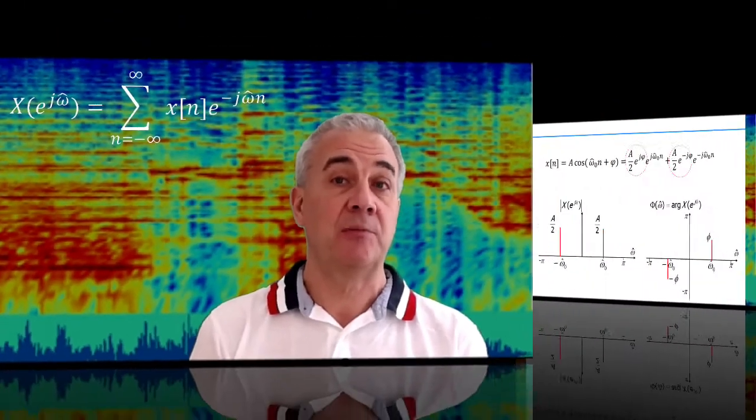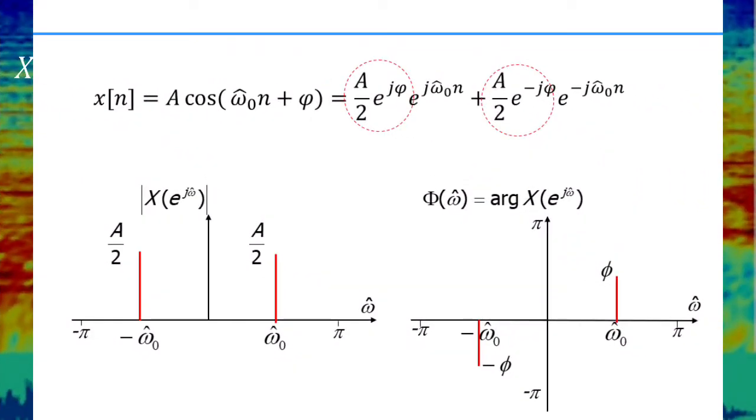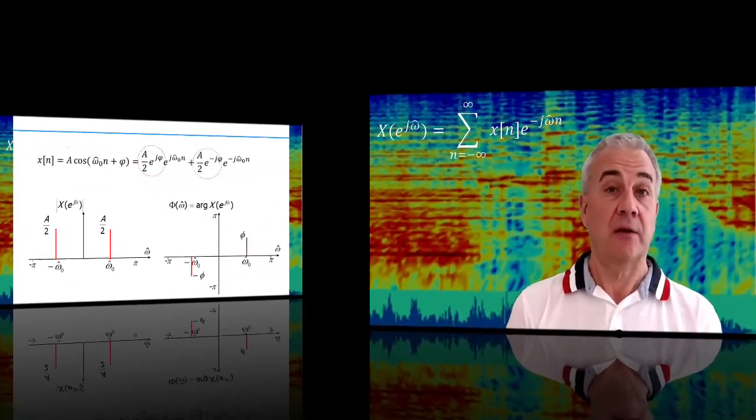The DTFT has two important properties. First, like Fourier series, for real valued x of n, the amplitude and phase spectra exhibit symmetries, here informally illustrated for a discrete time sinusoidal signal. Second, and that is new, the spectrum is periodic over 2 pi, meaning that only within a 2 pi interval the DTFT values are unique.